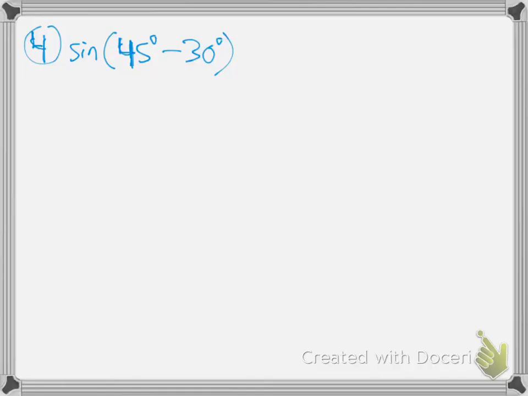All right, so try that one. Sine of 45 minus 30. So it's just basic using the sine formula. Just use exactly that formula and then go to the unit circle and find the values. Okay, so the sine formula says sine, cosine, cosine, sine, right?